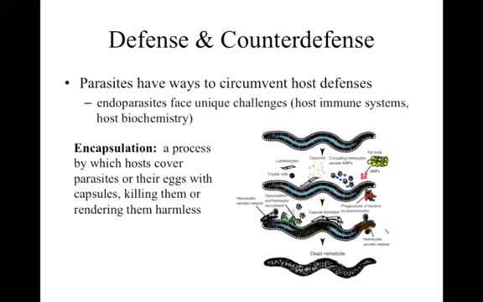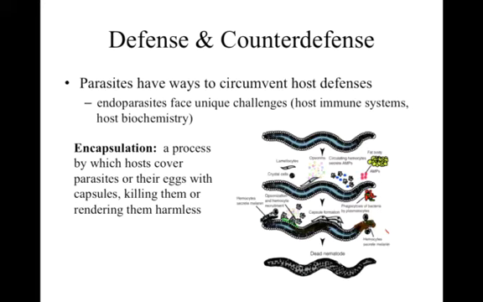So encapsulation is actually a process that the host uses to cover parasites that are endoparasites and kill them or render them so that they can't reproduce and render them harmless. Encapsulation can be used on the animal, on things like worms.